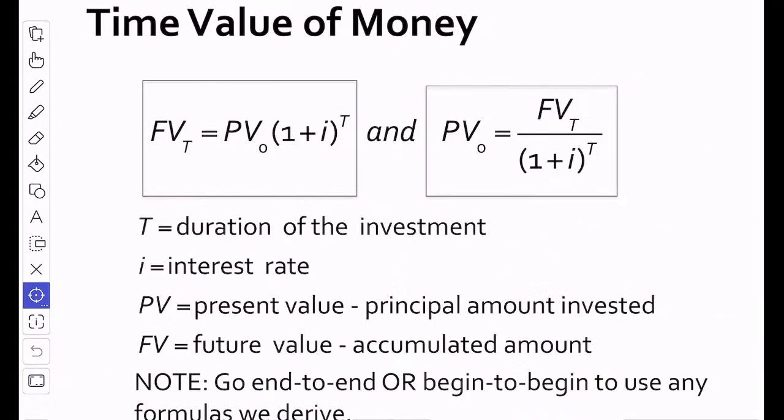All right. So that's it. That's the time value of money relationship. We can talk about accumulation. We can talk about discounting. Where I have again mentioned the variables.